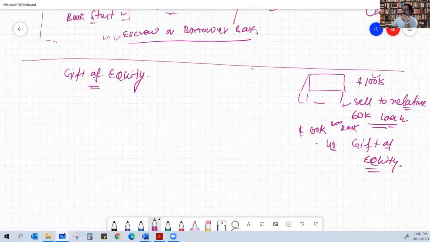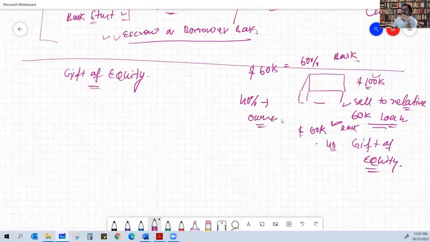Let's say this property has a value of 100,000, and there is a 60,000 loan going on. So who is the 60% owner of this home? The bank, the lender who has given the loan. The rest of the 40% belongs to the current owner, whoever the owner is.